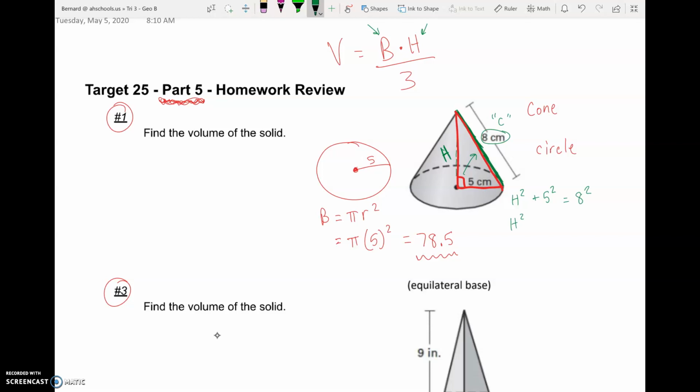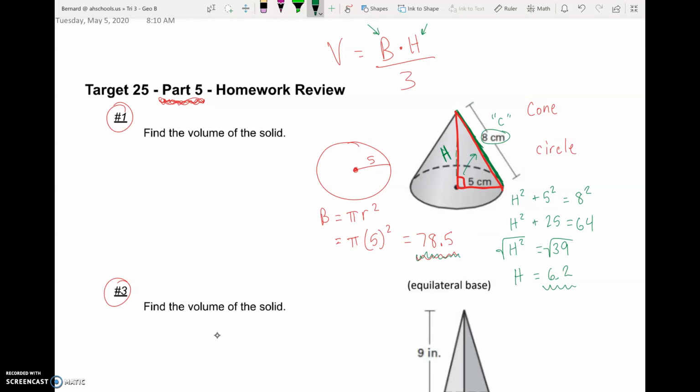H squared plus 25 equals 64. We'll subtract 25 from both sides, so H squared equals 39. Then we take the square root of both sides. The square root of 39 equals roughly 6.2. So 6.2 is our big H.